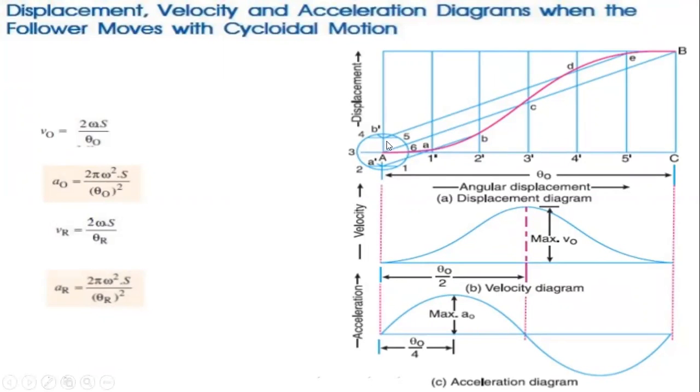First of all, we need to draw the stroke of the follower, and then the total length, that is the displacement, as taken in the scales.